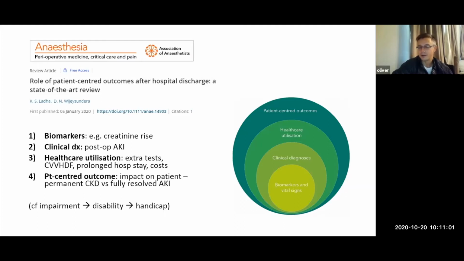So if you're a marathon runner, you wouldn't be able to run marathons, for example, or more likely, if you're unable to walk, you wouldn't be able to do various kinds of jobs, for example. So it's this idea of a hierarchy of outcomes, and it's only by measuring all levels of the hierarchy that you get a full picture of what's important to patients, not just in the short term, but in the long term.